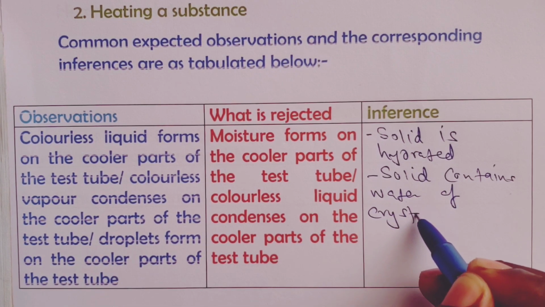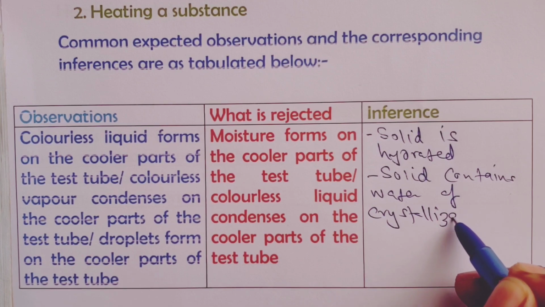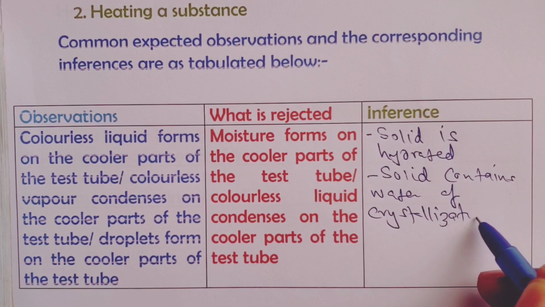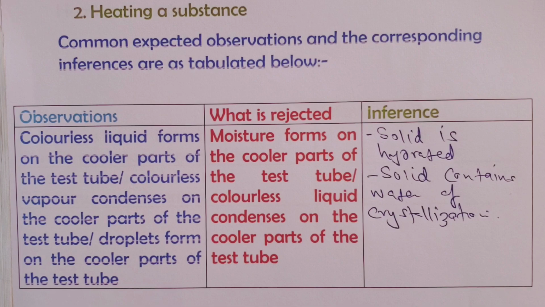So if a candidate observes colorless liquid forming on the cooler parts of the test tube, then the expected inference would be those two that we have just tabulated. We are still on heating substances, and we continue to look at expected observations and the acceptable inferences that a candidate is supposed to make.